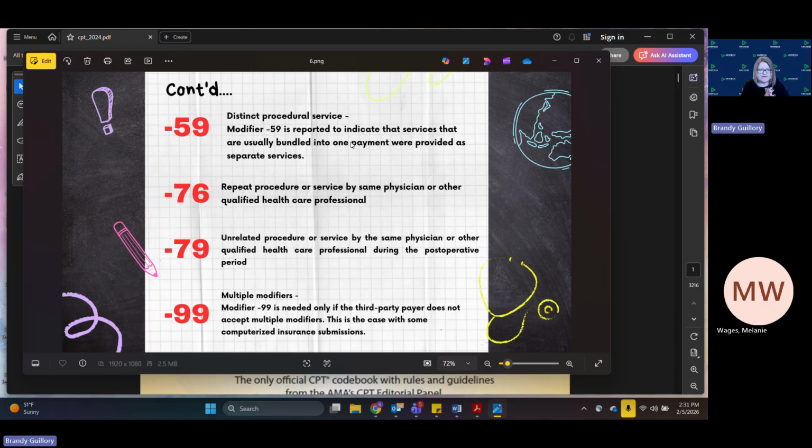Okay. For maternity care. So 59 would be if I went to them and had a different service that was not bundled into that procedure. Does that make sense? Like, say I had to make an extra trip to the doctor, one that wasn't scheduled, because I had an injury or something like that.